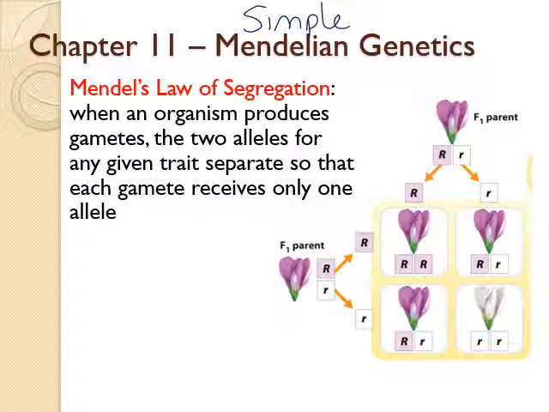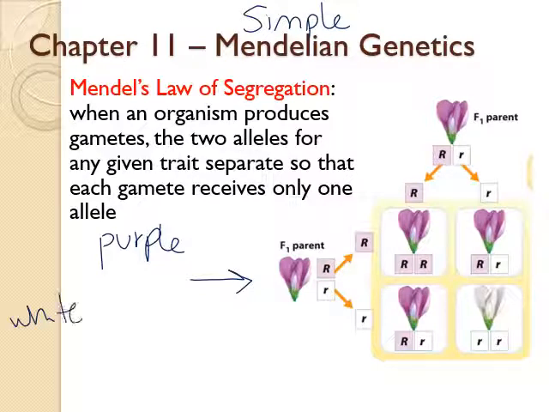But the law of segregation just states that when an organism produces gametes, or their sex cells, the two alleles for any given trait separate so that each gamete only receives one allele. So you're actually kind of looking at the second part of a Punnett square right here, but to get to this point, he actually crossed a purple flower with a white flower.